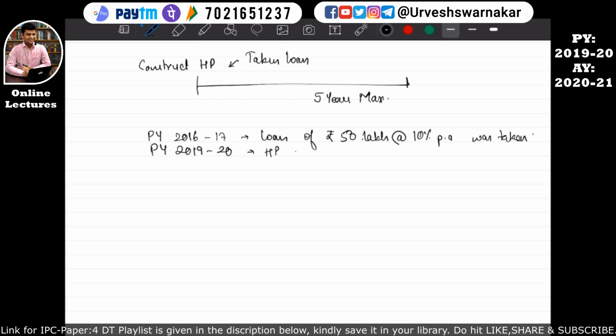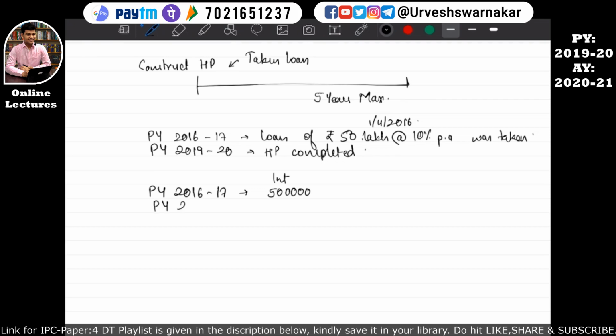If the loan is taken on 1st April 2016, that means for the entire financial year 16-17 the entire interest will be payable. So the interest for the previous year 2016-17 is rupees 5 lakh. How did I calculate 5 lakh? On 50 lakh, 10% is 5 lakh.